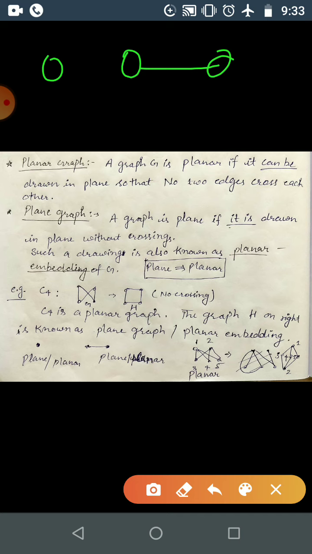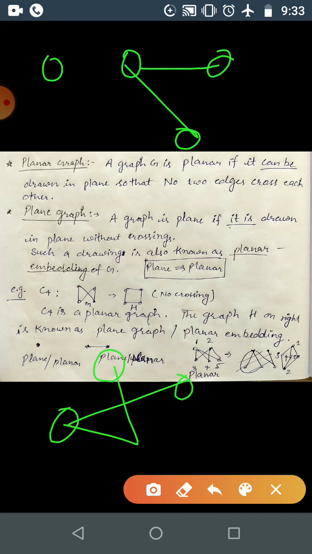Now come to P3. P3 is planar as well as plane, because it is already drawn so. If this graph were drawn like this, with an edge coming across like this, and this is not a vertex, or you can draw it this way, then it is not plane.